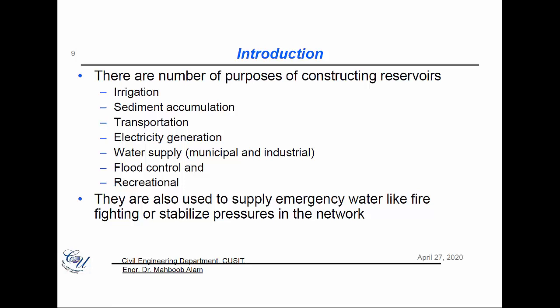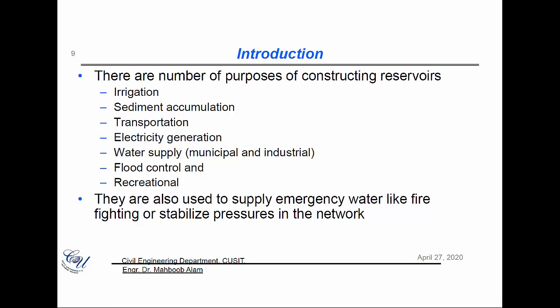So you see, we have two different uses, irrigation or power generation and also flood control, and these are in conflict with each other. We have to keep these things in mind, that we have to meet each and every demand and we have to use the reservoir up to the optimum level in the most useful way.